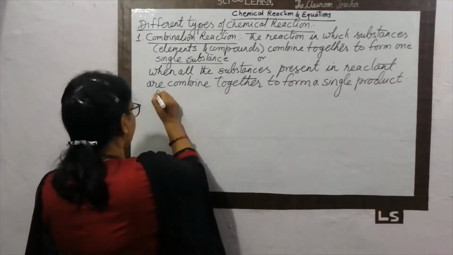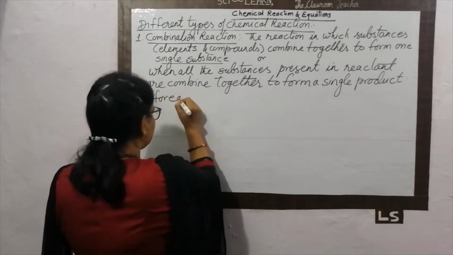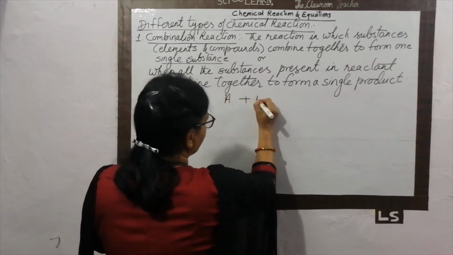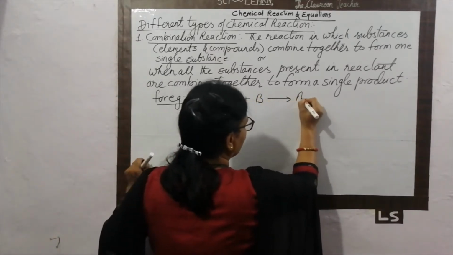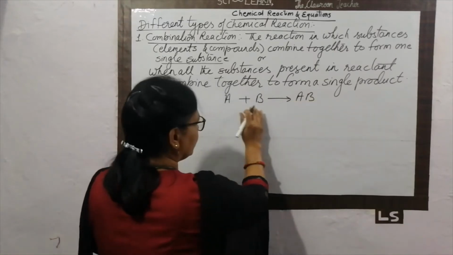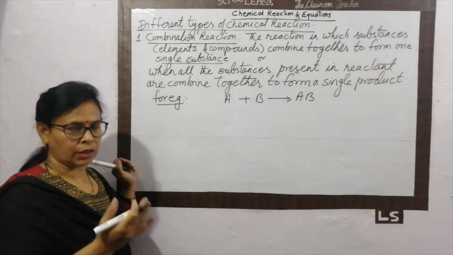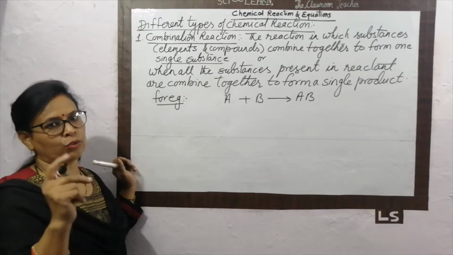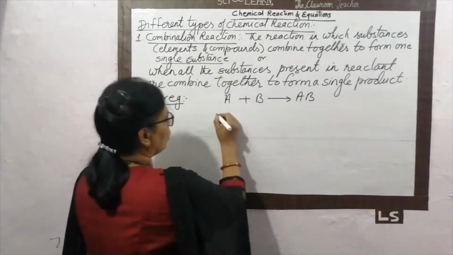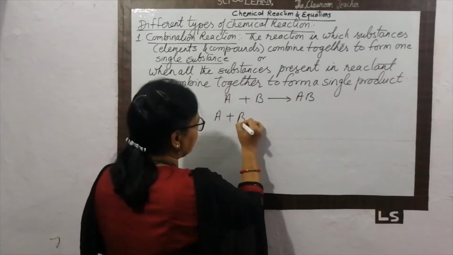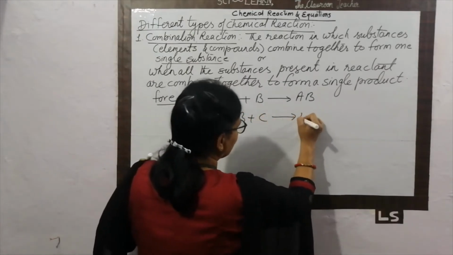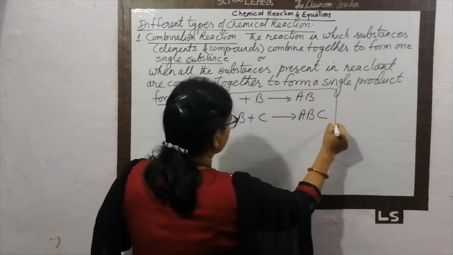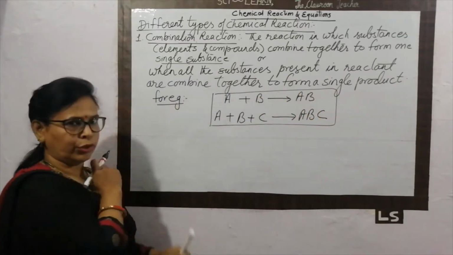For example, I am giving you an easy clue. A combines with B to form AB. Here 2 reactants are there, but they combine to form only one product. Or A plus B plus C combines to form ABC. I think this must be very clear for you.